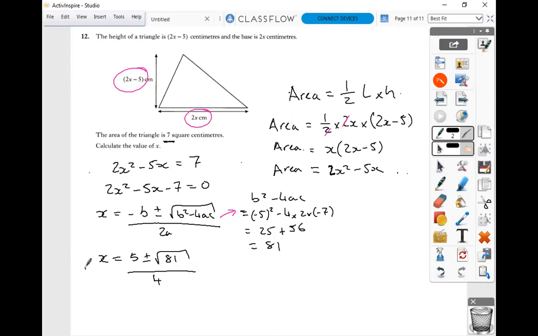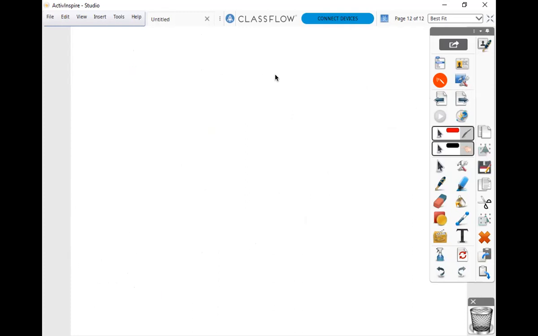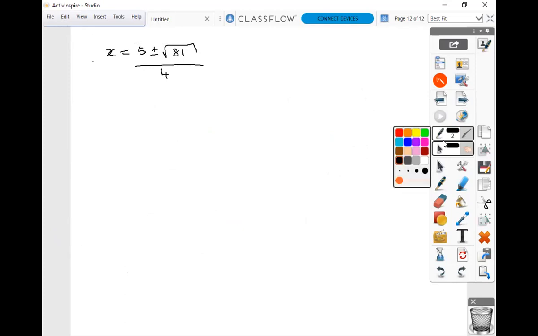Remember, this is a non-calculator. When I get that, I don't have a calculator to solve that, which means this term needs to be able to root, okay, which at this time it does. So root 81 is just the number 9, okay? So root 81 equals 9.